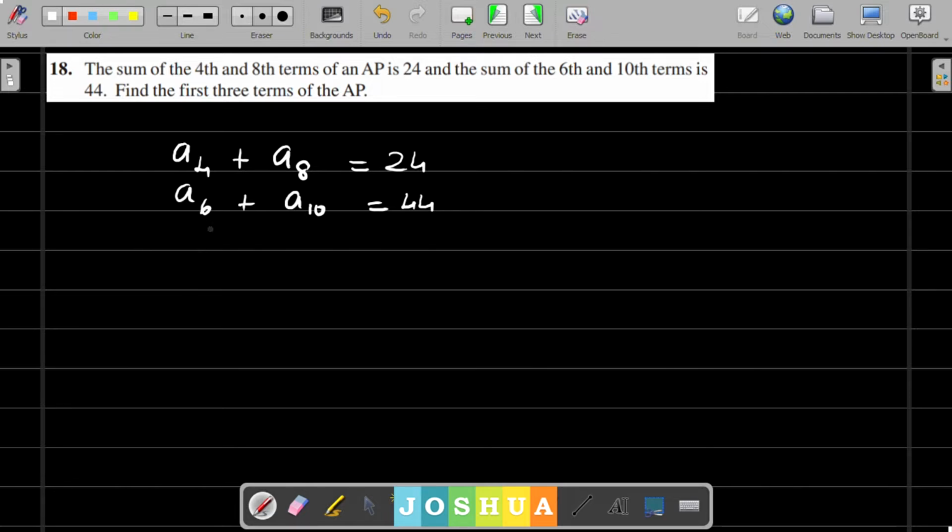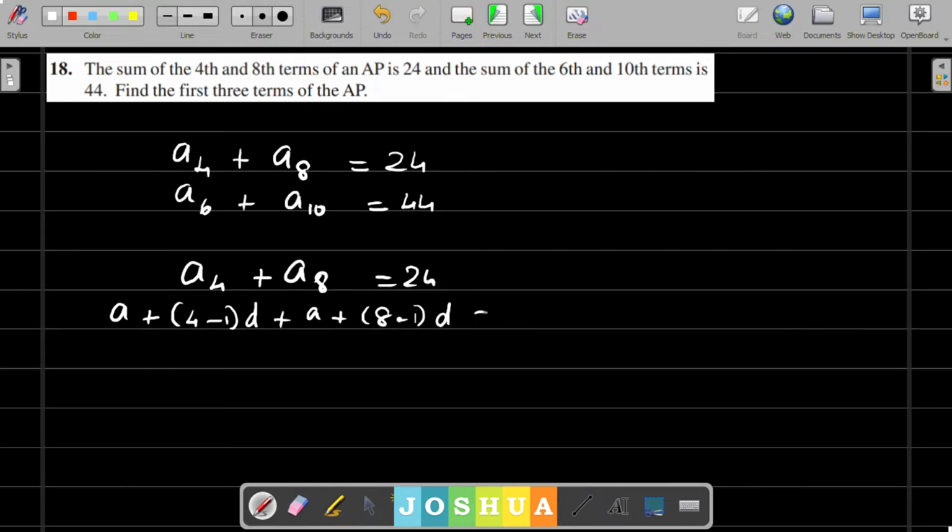Okay. So first we'll go ahead with the first equation available with us, that is A4 plus A8 is equal to 24. Now use the formula an equals a plus n minus 1 times d. So in this case, a plus 4 minus 1 d plus a plus 8 minus 1 times d is equal to 24.